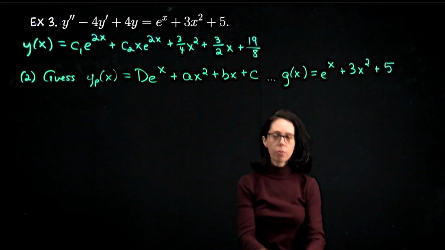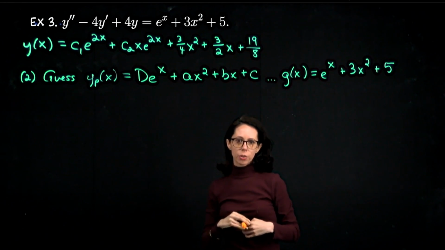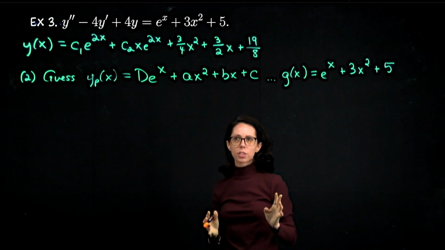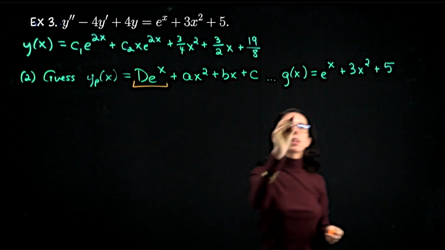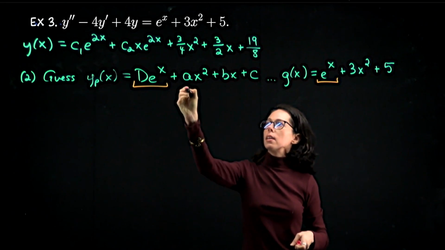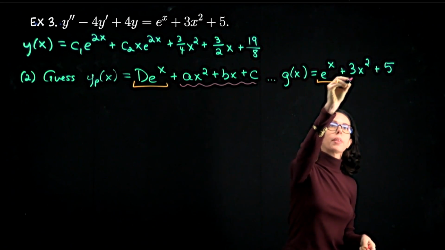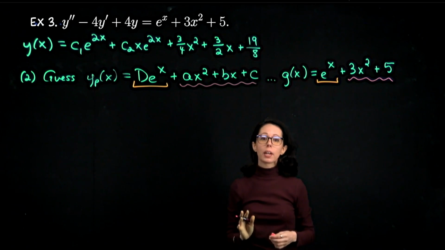What would happen though if we took this whole approach is that when we plug in our particular solution and start matching terms to solve for these coefficients D, A, B, and C, this would match up with this, whereas this would match up with this, and it would be the exact same coefficient matching that we did a minute ago.